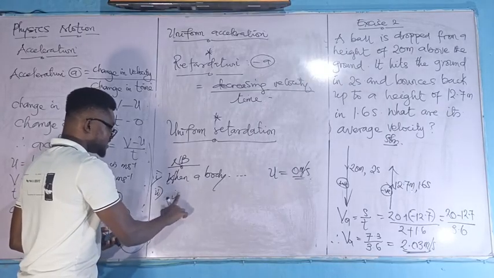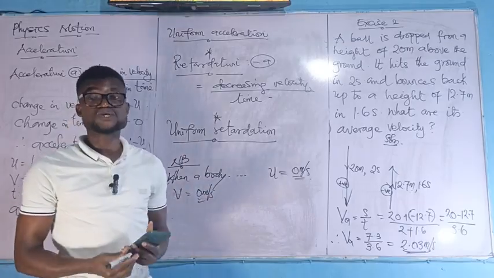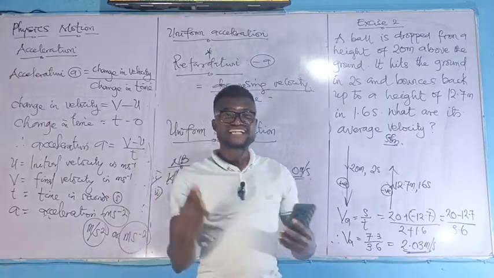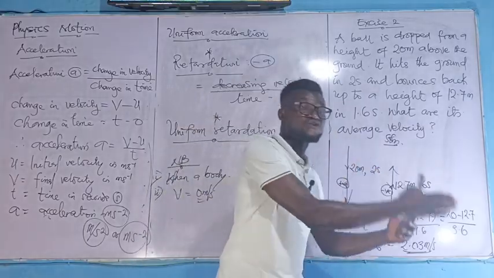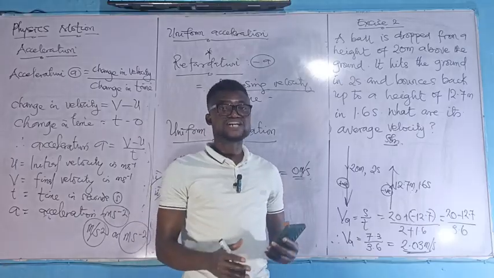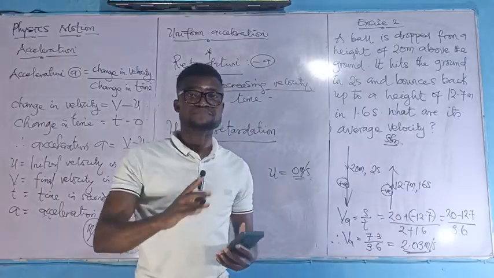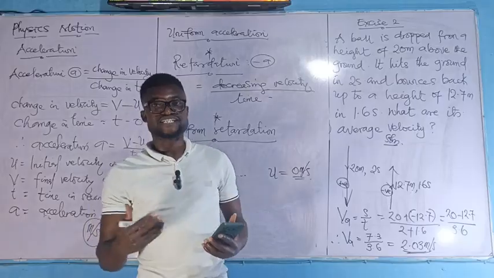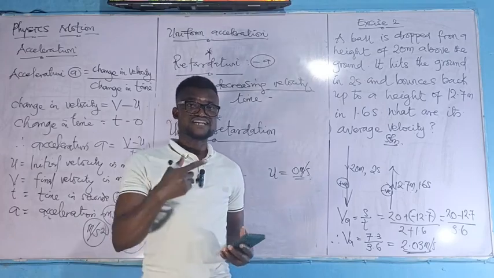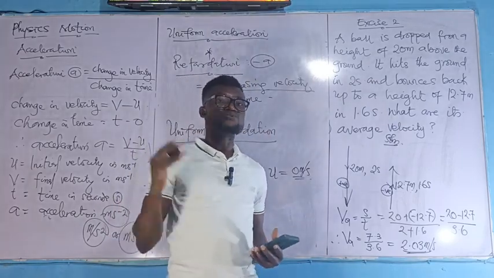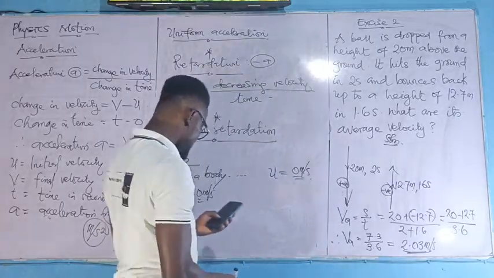So whenever you are told that a body comes to rest by application of brake, the final velocity of that motion becomes 0. But when a body starts from rest, its initial velocity is 0. But when it comes to rest, final velocity is what? 0.